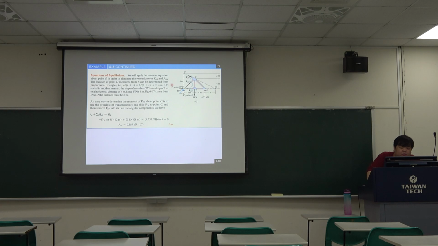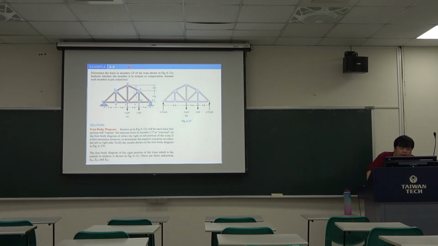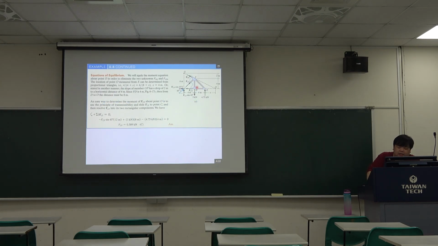Because we want to know the CF, we can use the FG direction and the FC direction, then extend the direction lines to connect at one point O. When we set the moment point at this connect point, we don't care about FG and FC.